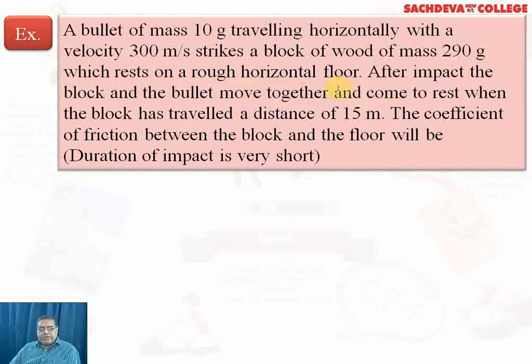After impact, the block and the bullet move together and come to rest when the block has traveled a distance of 15 meters. What will be the coefficient of friction between the block and the floor? The duration of impact is very short.